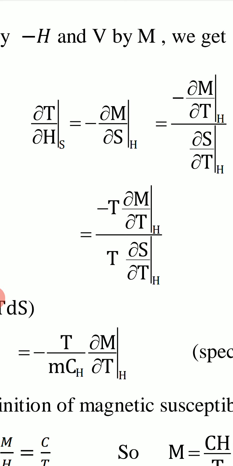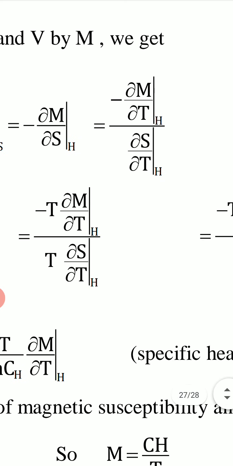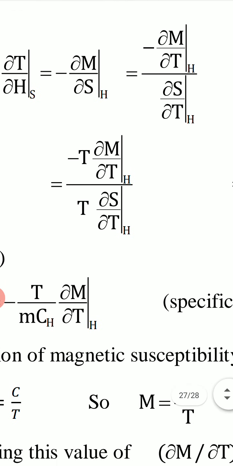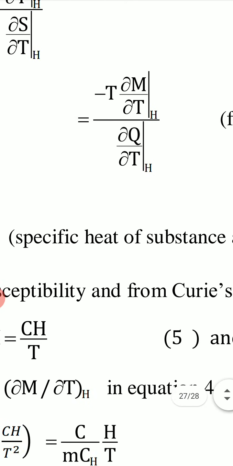So we want delta T with respect to delta H. How change in delta H will affect delta T. In right hand side, we divide by delta T in numerator and denominator and get this equal to minus delta M upon delta T at constant H divided by delta S upon delta T at constant H. And now multiply by T in numerator and denominator, so that in denominator T delta S will become delta Q.